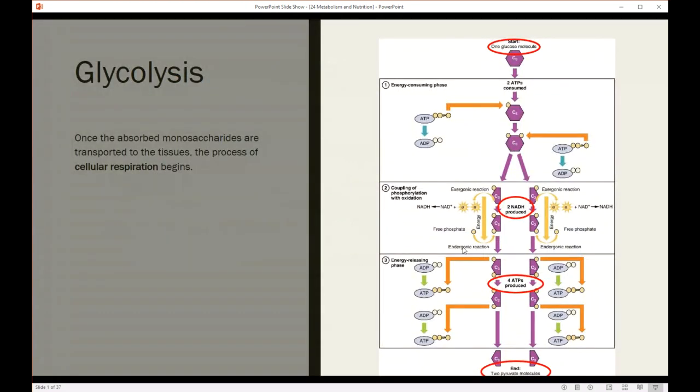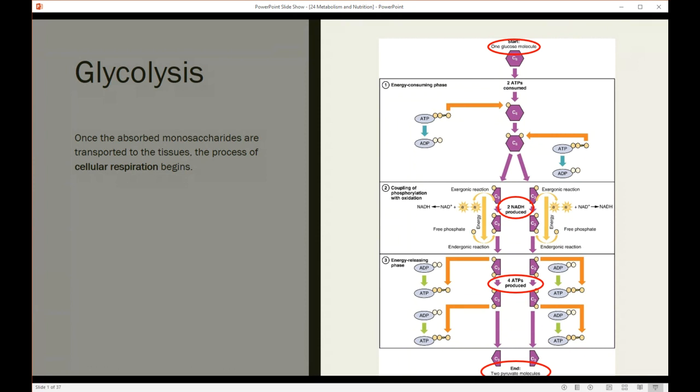Okay. So this is glycolysis. So once we absorb those monosaccharides, they get transported into the tissues. And then we can start that process of cellular respiration. And the first step of cellular respiration is glycolysis. Okay. And so with glycolysis, the important part here is that we start with 1 glucose molecule. That's then going to get us 2 NADH and 4 ATPs.